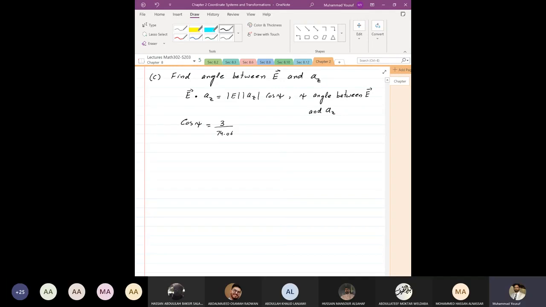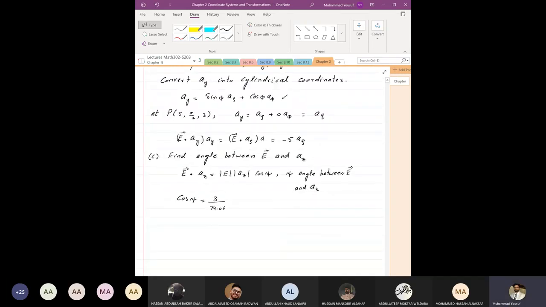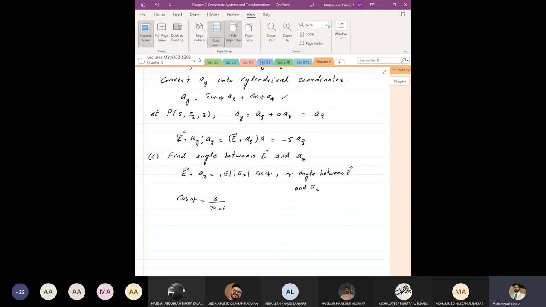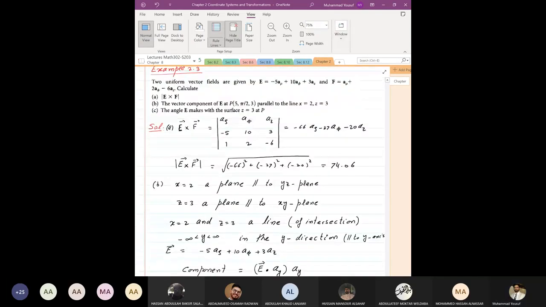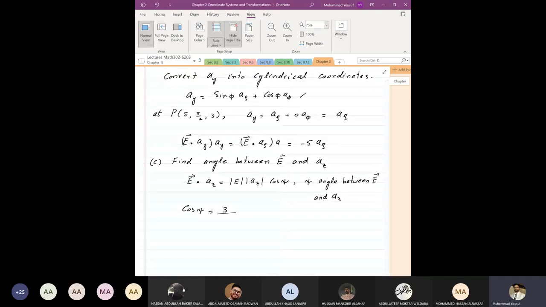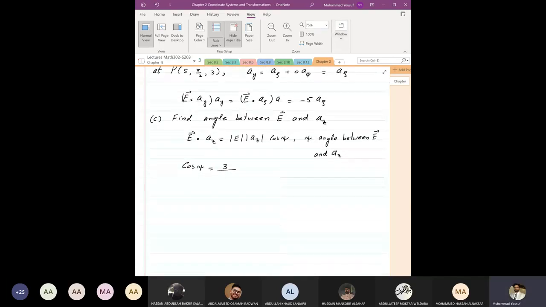Oh, sorry, this is not true. What is the magnitude of E? E is what? 25 plus 100 plus 9 is 134, so the square root of 134.